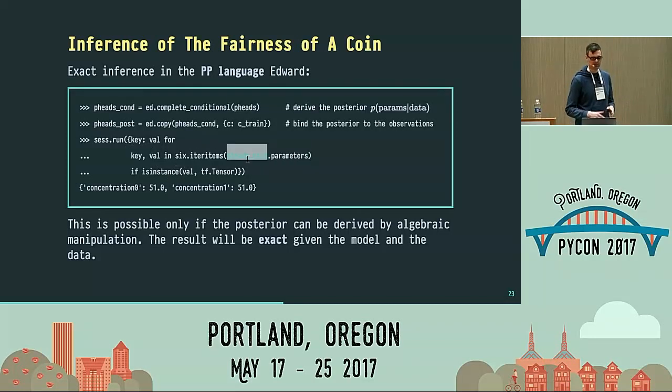Basically, Edward will use math, algebraic manipulation, to write down somewhere in memory this complete conditional, this posterior distribution. And it will have certain parameters. In this case, there are two of them: a concentration 0 and a concentration 1, and you can see they're just numbers.